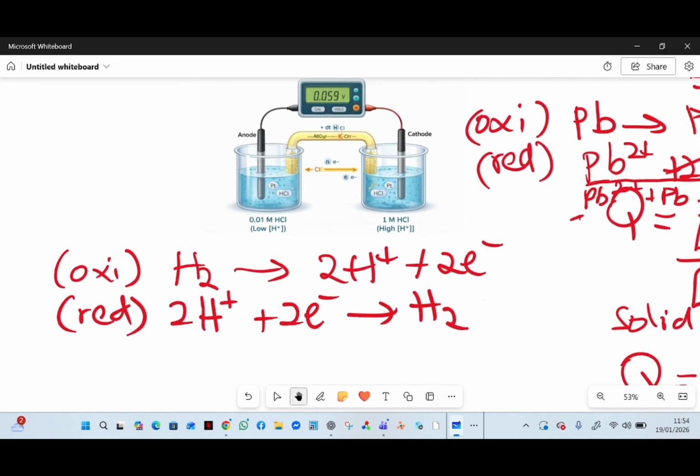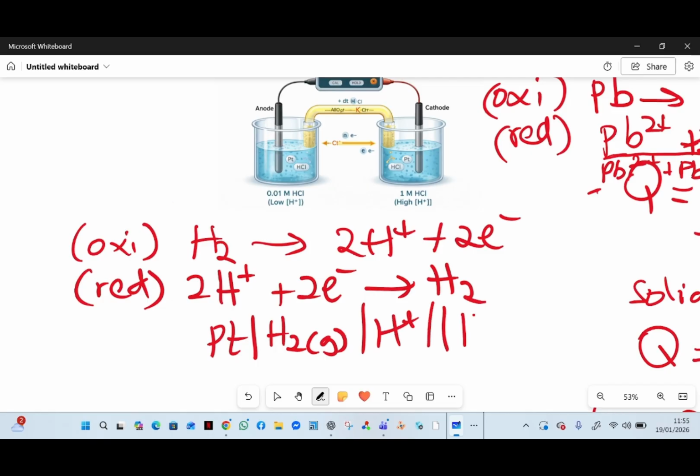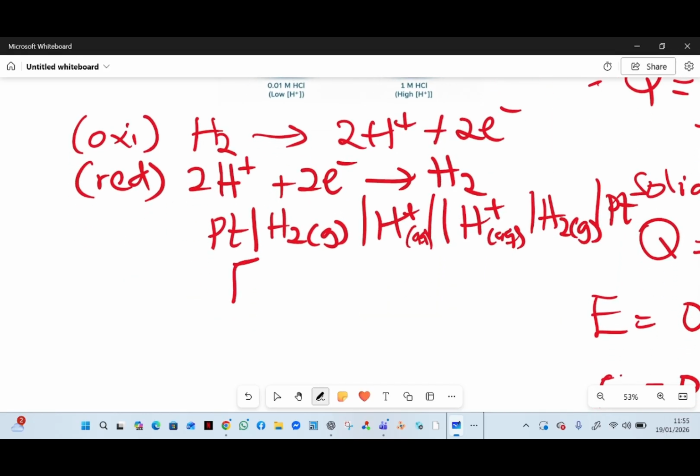So this is what is going on in the electrochemical cell, and we can do the notation to be platinum being the reaction site, the inactive electrode, and then we have hydrogen gas, H plus, H2 gas, platinum.